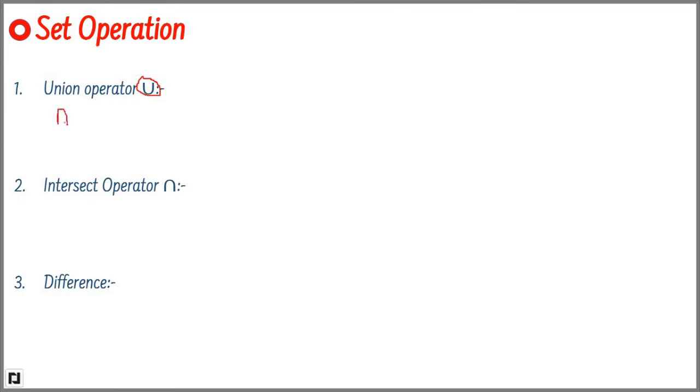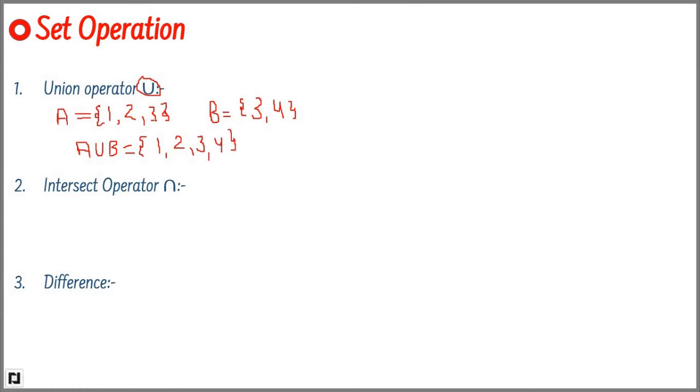If we have a set A which contains elements 1, 2 and 3, and we have another set B which contains elements 3 and 4, so A union B is denoted as 1, 2, 3 and 4.